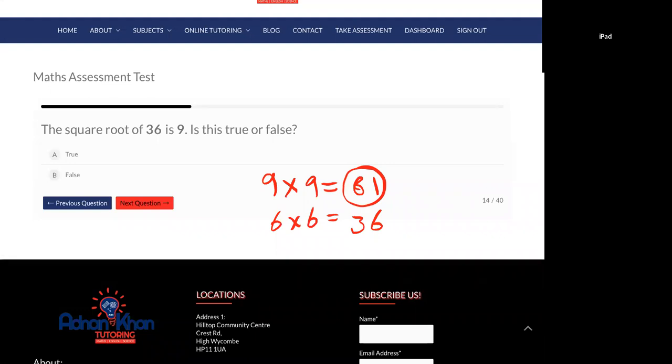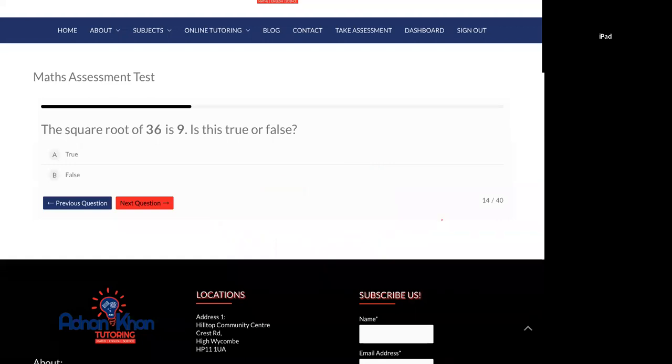So the square root of 36 is actually 6, not 9, because 9 times 9 is 81. You can multiply 6 by itself and it gives you 36. So in this case, we're going to say it's false.